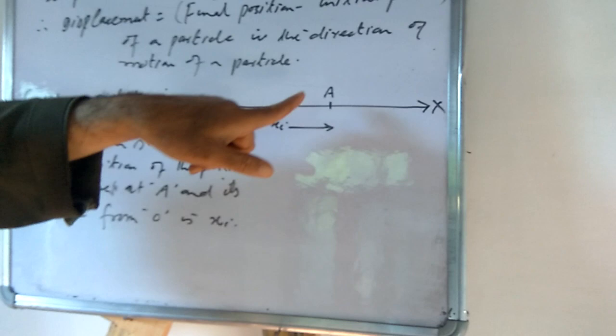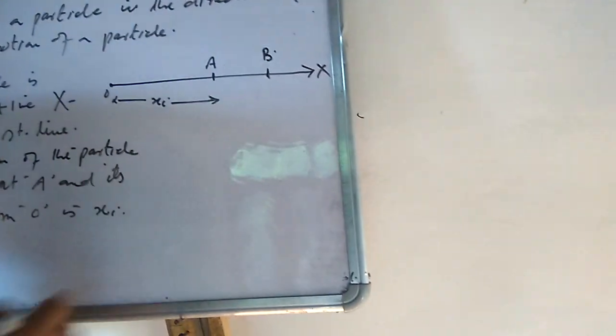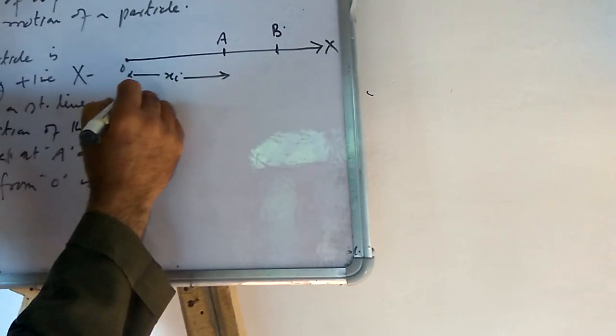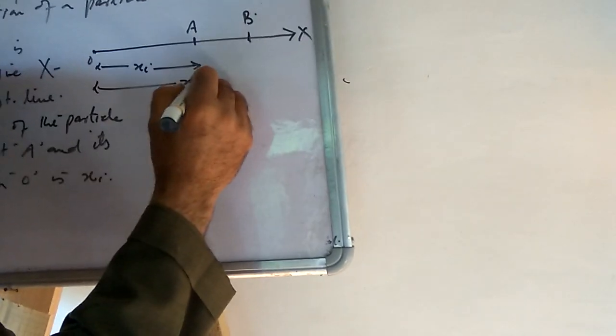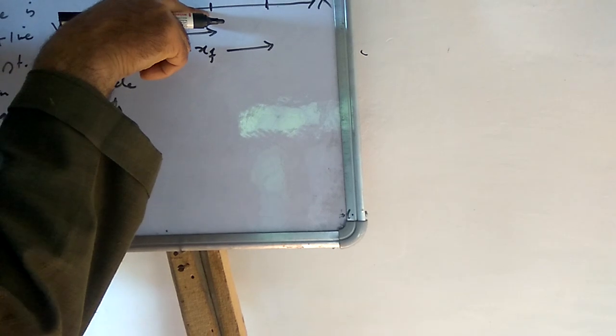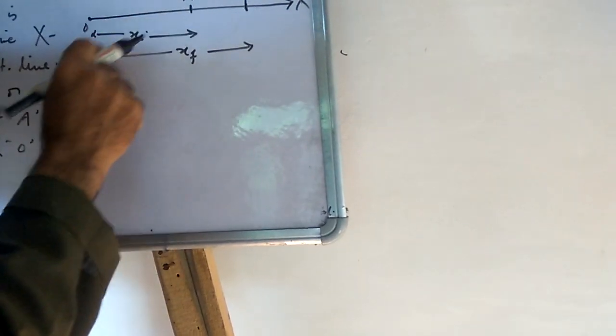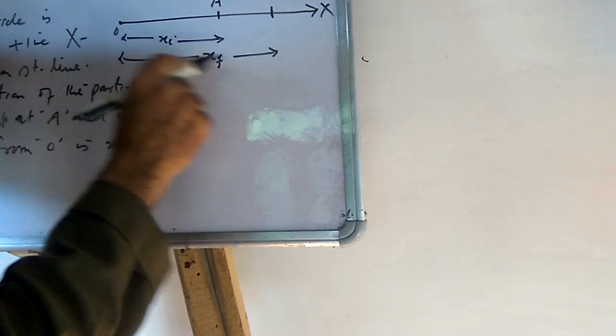That means at t equals 0, the particle is at position A and its distance from the origin is xi. Let after time t, it moves to position B and its distance from O is xf. That means after time t, the body is at position B, at a distance xf.